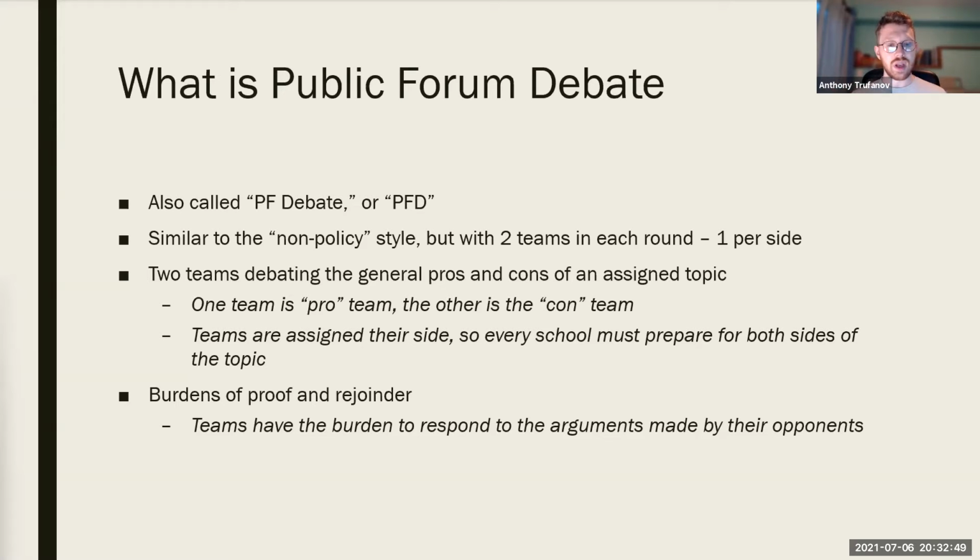And these jobs are what each team has to satisfy in order to have successfully made an argument and in order to have successfully performed their role in the debate. These burdens are called proof and rejoinder.